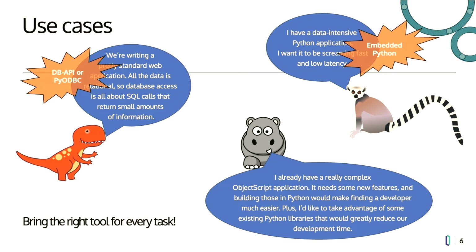You won't have to send that over a TCP/IP connection. And then finally, for this unique hybrid mode, you still want to probably be looking at embedded Python, but you want to be using the method of embedded Python which extends ObjectScript to have Python methods.